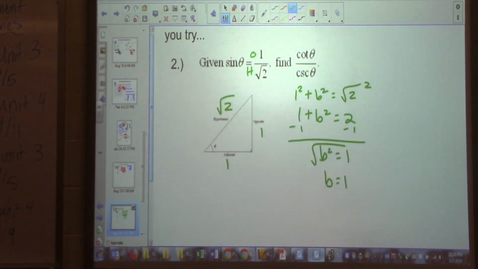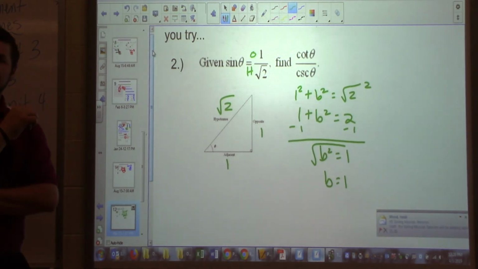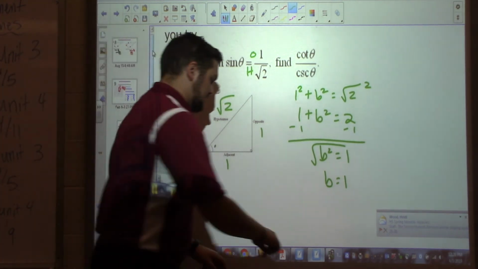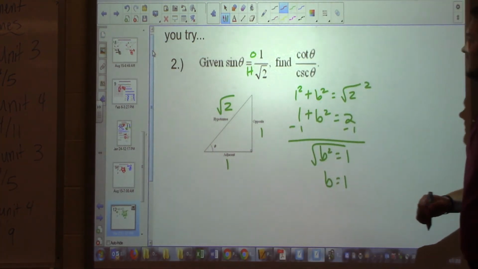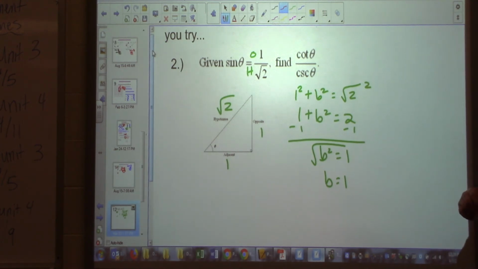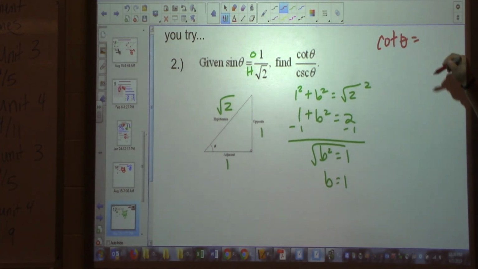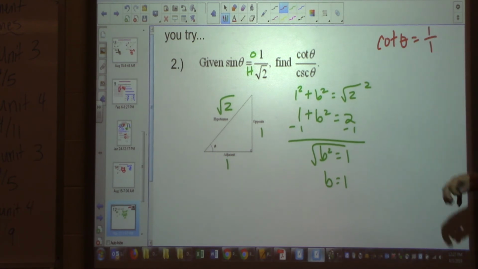Now it's asking me for cotangent over cosecant. Violet, is that what we're doing, or is that a stretch? So I did the cotangent. Okay, cotangent theta, what'd you get? 1. Because it's adjacent over opposite, so it's 1 over 1, right?